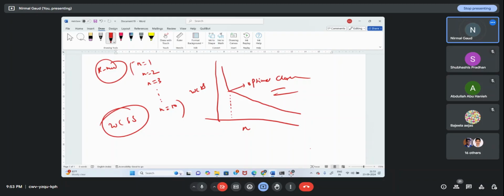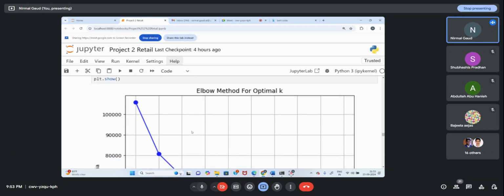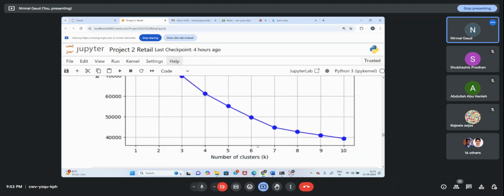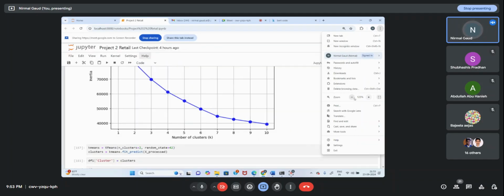That means the square sum of the distance of the data points from the cluster center is called WCSS, within cluster sum square. So I did apply this, and here is what I plotted for the elbow method. This is the plot for elbow method.